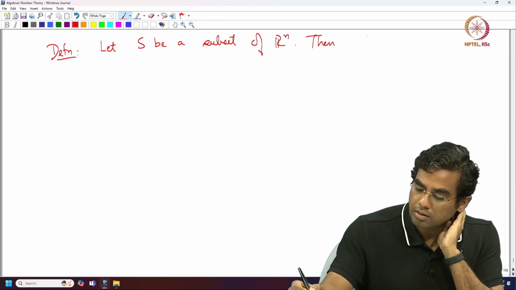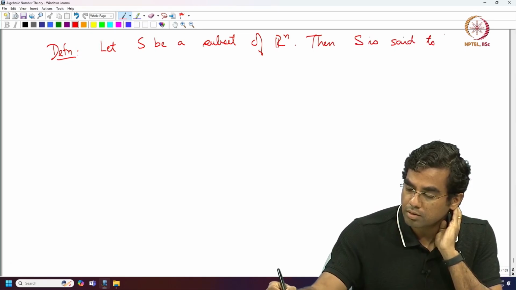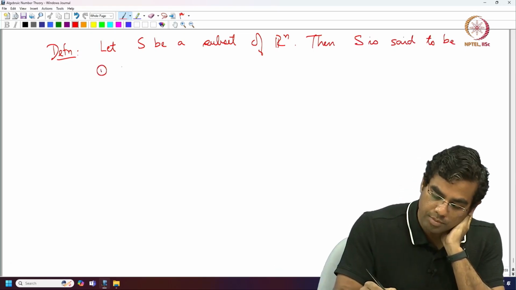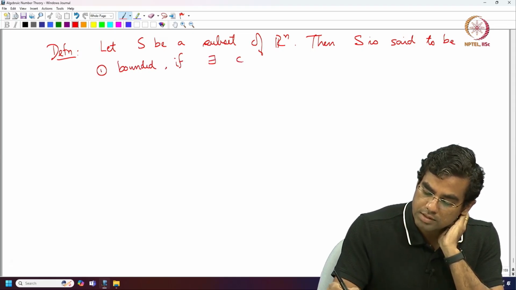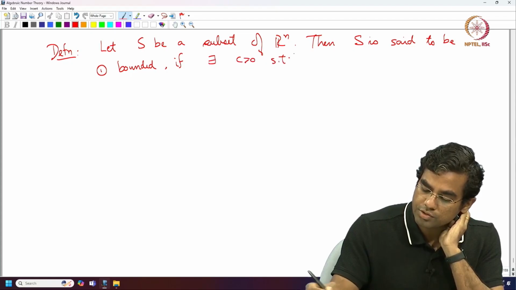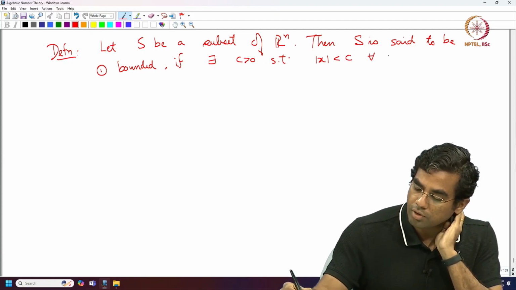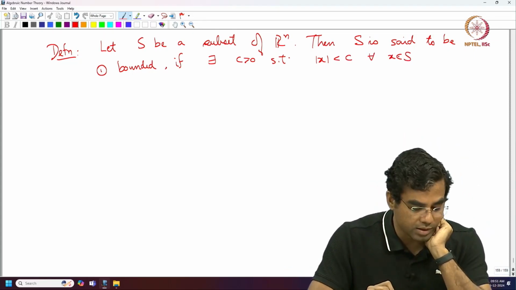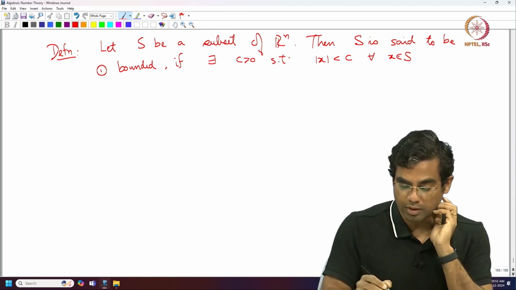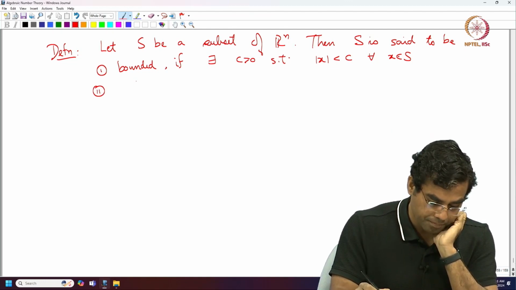Then S is said to be bounded if there exists C greater than 0 such that the norm of x is less than C for all x in S. This is the notion of boundedness in the usual way of analysis, as in the first course in analysis that you learn.